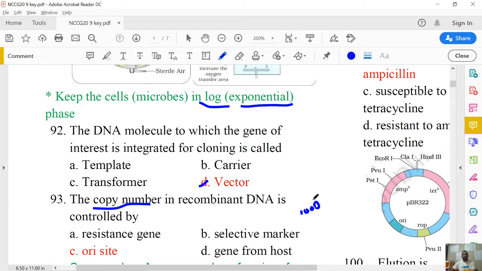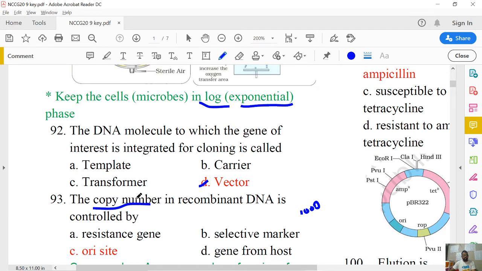In that, each cell on an average, how many these plasmids are consisting, that is how many plasmids are present in each cell, that average number is called the copy number. So some plasmids copy number may be one only, some may be 100, some may be 1000. So the copy numbers vary among different plasmids.